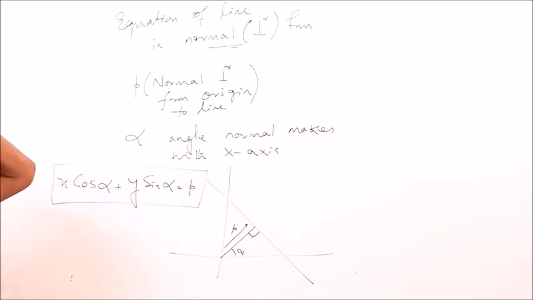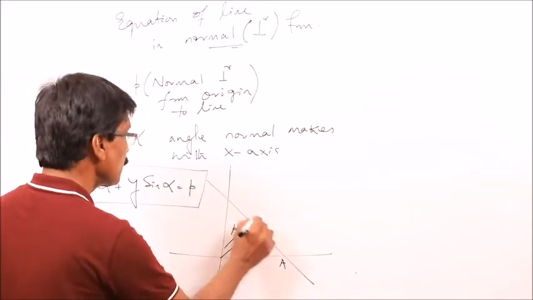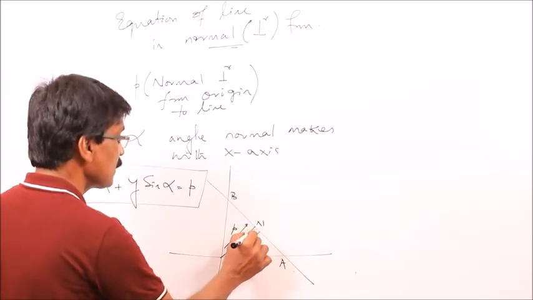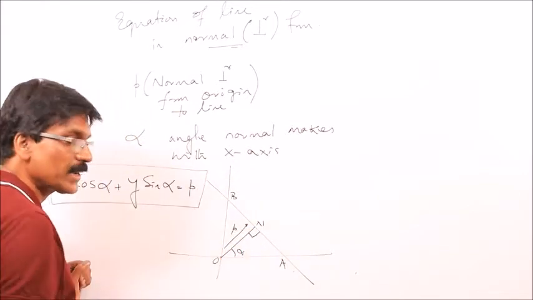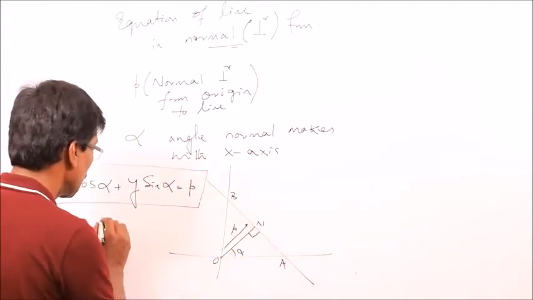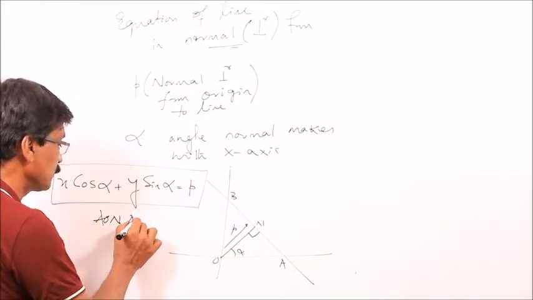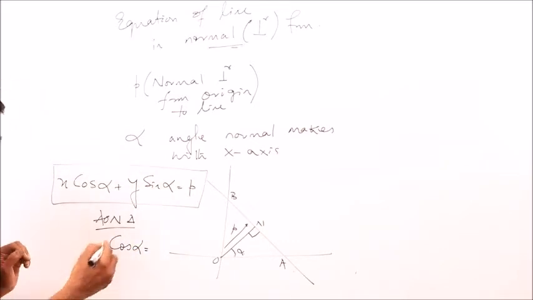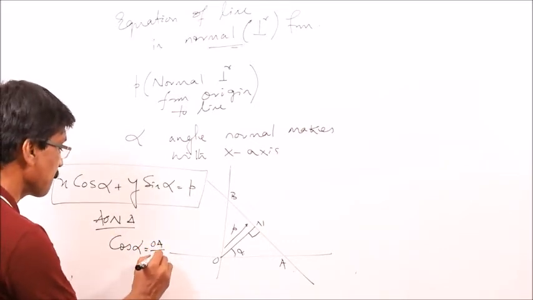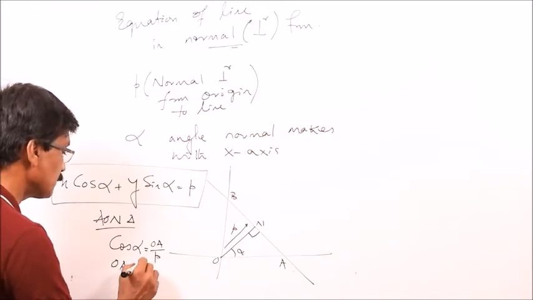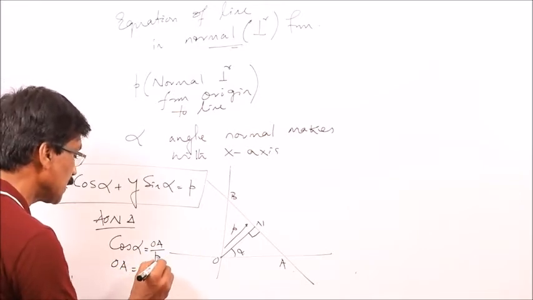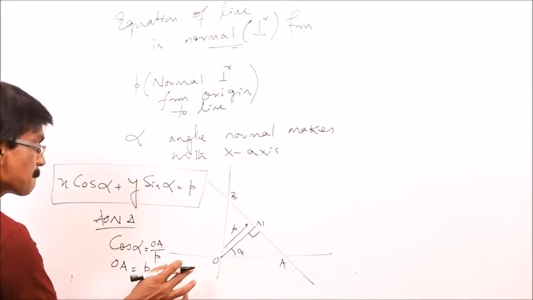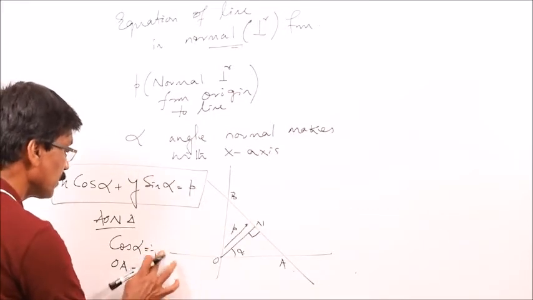It can be easily proved. Suppose this point is the A point and this is the B point, and this line length is p. So in triangle AON, cos alpha is equal to base by hypotenuse, that is p by OA.